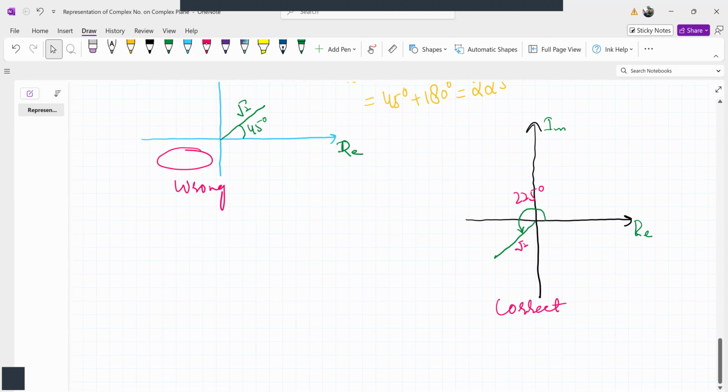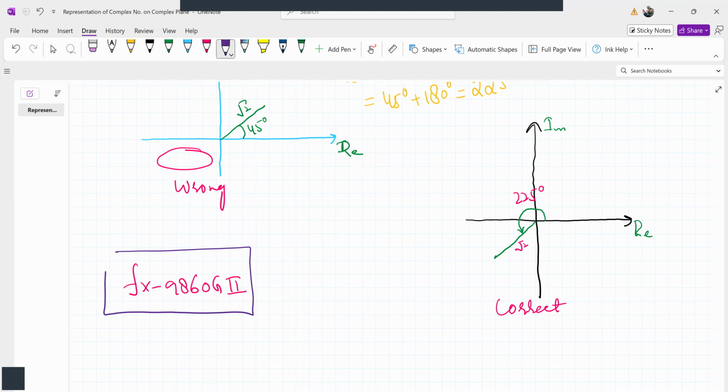The latest calculators, if I remember correctly, though I don't remember the name exactly, I think the latest Casio calculator doesn't have this problem. If you enter the complex number with the components A and B, it will give you the correct value of the complex number.